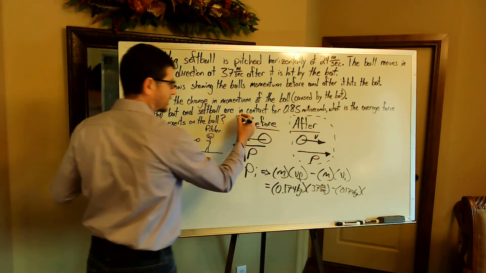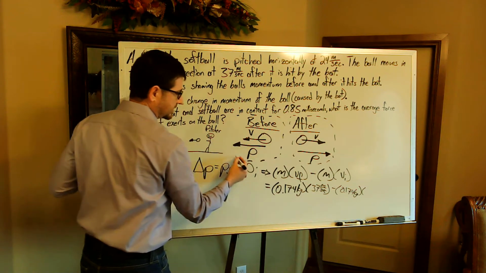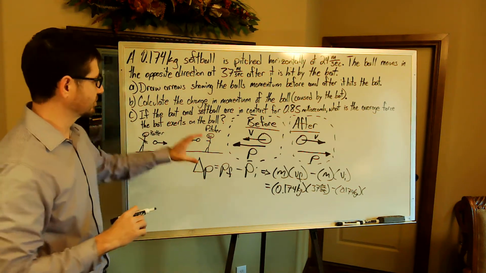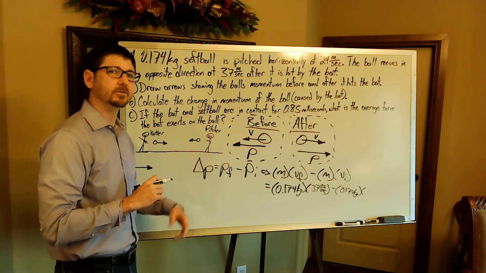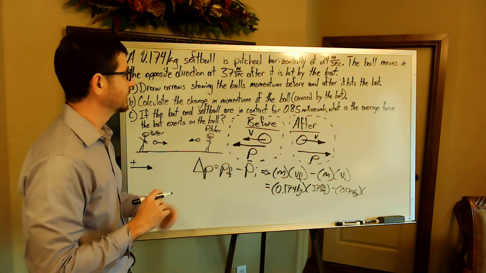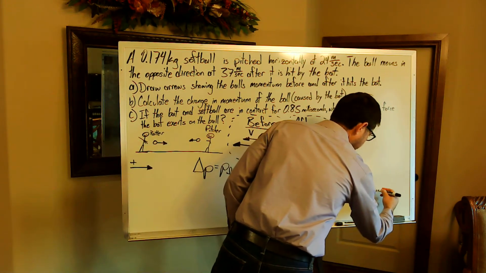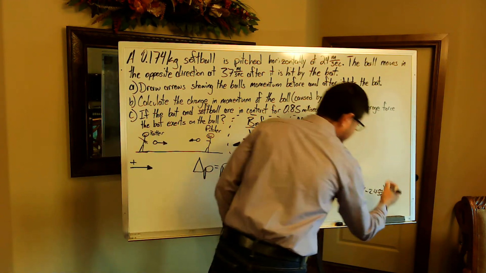But if you take a look at what we set up initially, this is going to have a negative velocity, because remember, velocity is a vector and it does show direction. So this is going to be negative 24 meters per second.